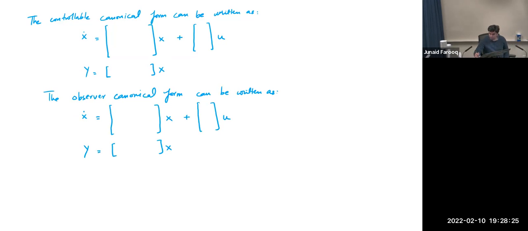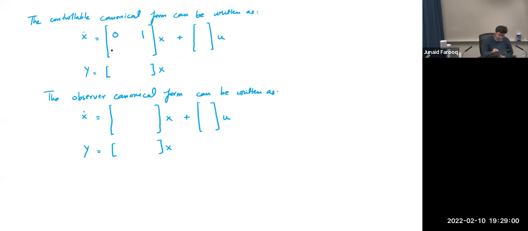It's simple. If I remember, the controller canonical form had A0 and A1 here. There was a 0 and then there's a 1 here. So it's going to be 0 and 1, and maybe I should color this differently because this is already there, and the only thing that changes is negative A0.